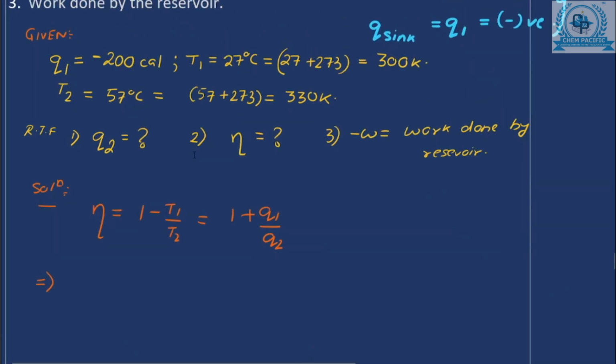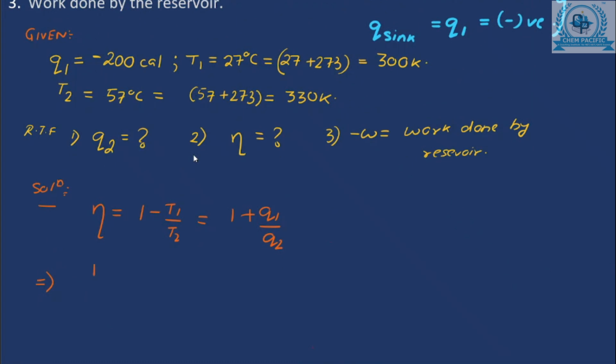So they have given you, देखो अभी आप लिख के रखते हो तो आपको कितना इजीली ये सॉल्व होता है. यह 1 minus T1 का वैल्यू कितना है? 300 डिवाइड बाई T2 का वैल्यू उन्होंने कितना दिया? 330, which is equal to 1 plus Q1. Now the Q1 value is minus 200, है ना. तो यही सबसे important है इस problem में by Q2.